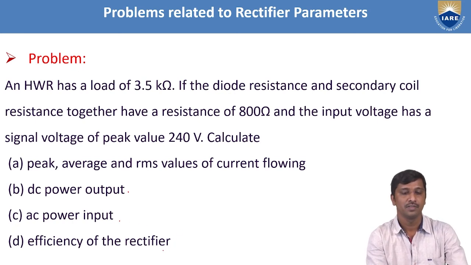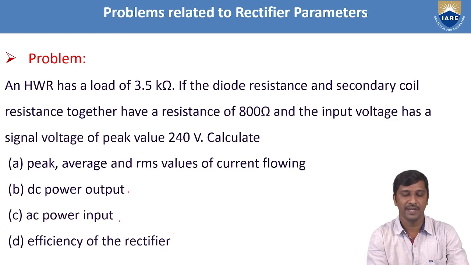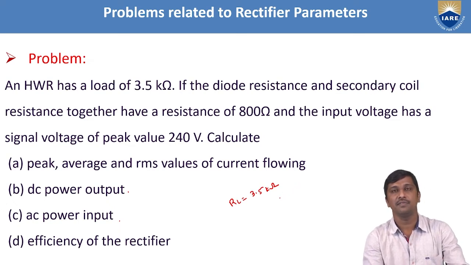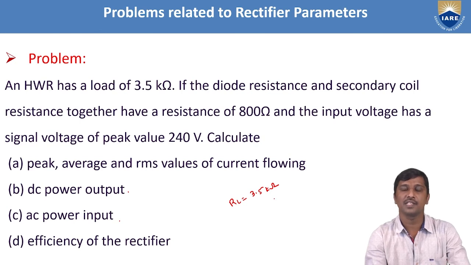So in this problem, they mention that the load resistance RL is 3.5 kilo ohms. Then the diode resistance as well as the secondary coil resistance: in this rectifier we are going to use a transformer. A transformer contains a primary winding as well as a secondary winding.